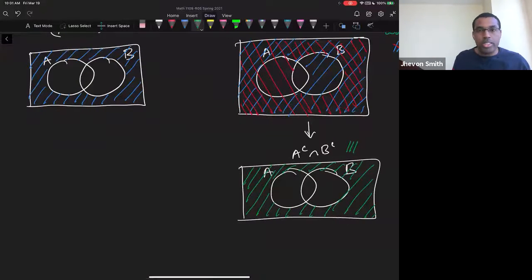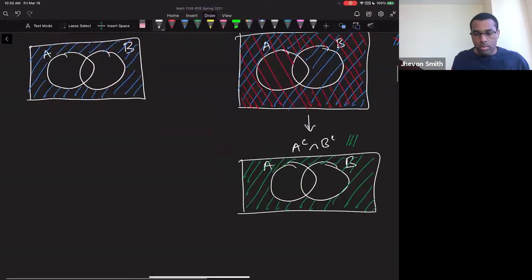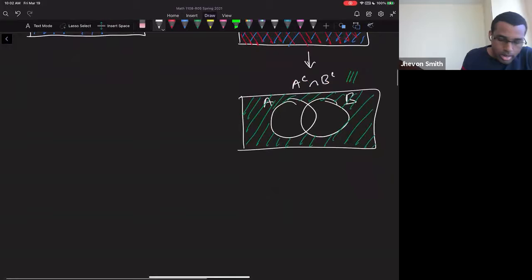And what can we say about these two based on the picture? Well, notice that if I shaded them both in the same color, they would look exactly like the same picture. Meaning these sets have the same elements, meaning they're equal.